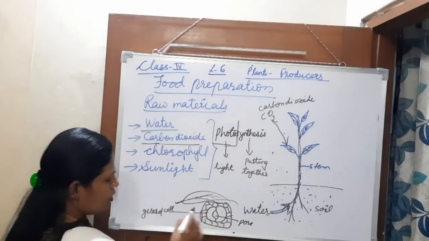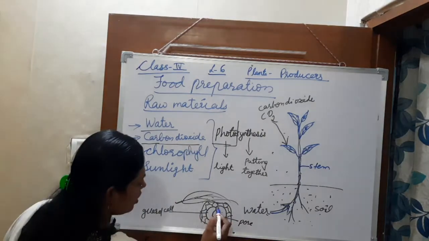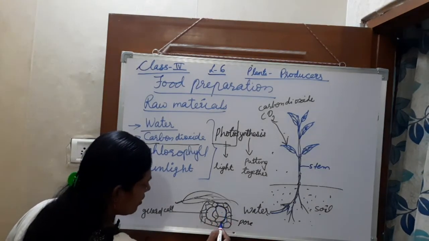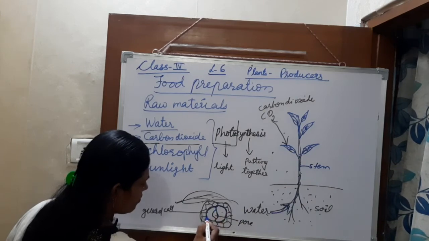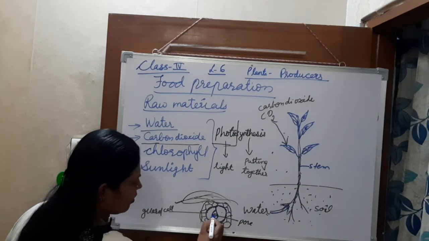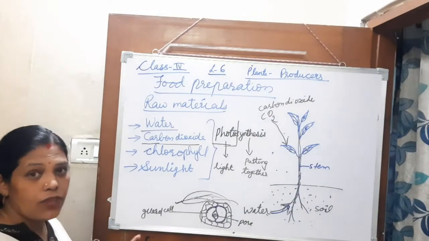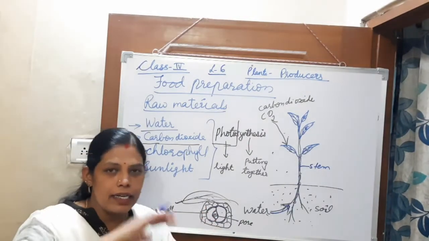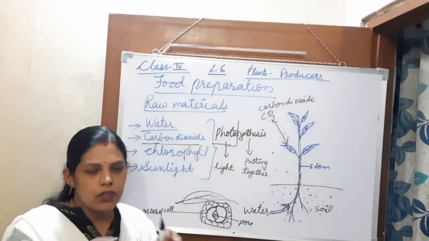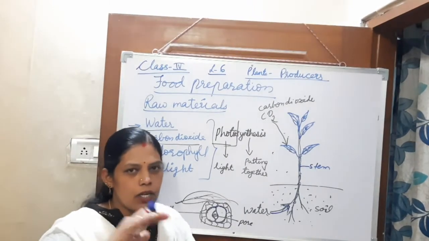This is the structure of the stomata. It is present mostly on the underside of the leaf. Only in aquatic plants it will be on the upper portion.